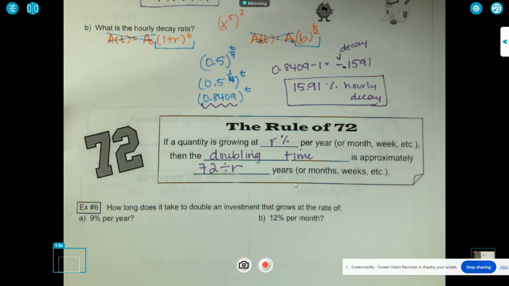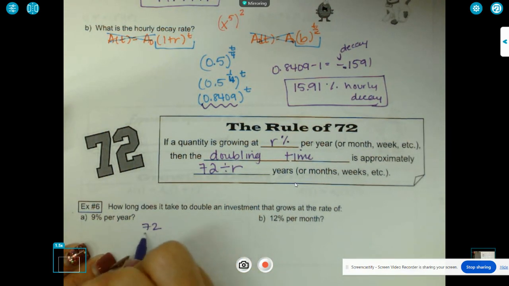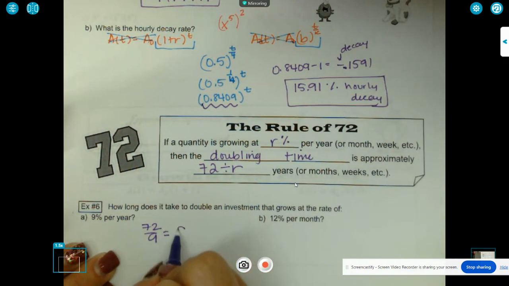All right, so if it's 9% per year, everybody with me? All you're going to do is take 72 divided by 9, and our answer is 8 years.